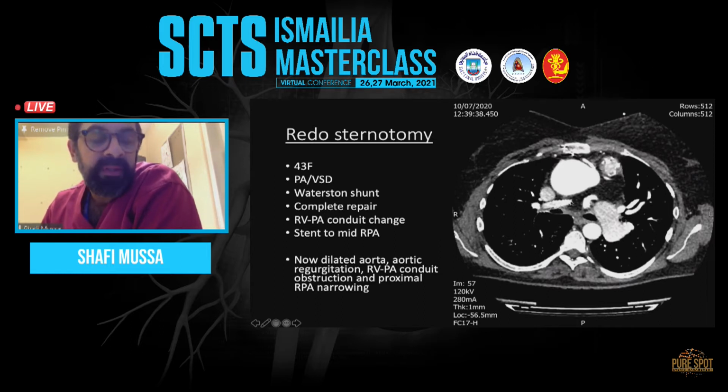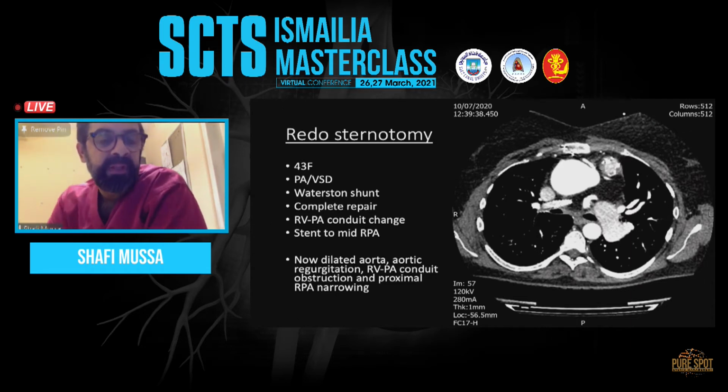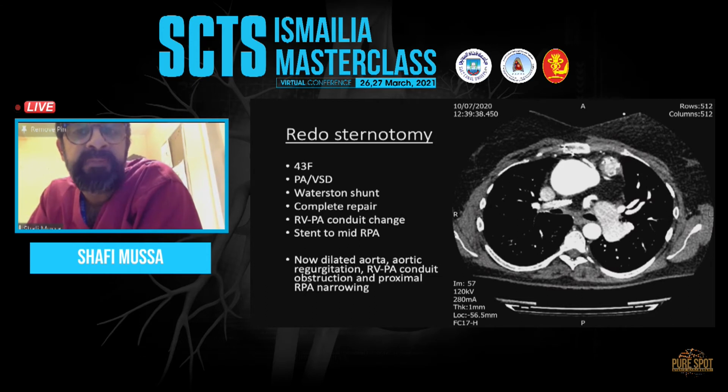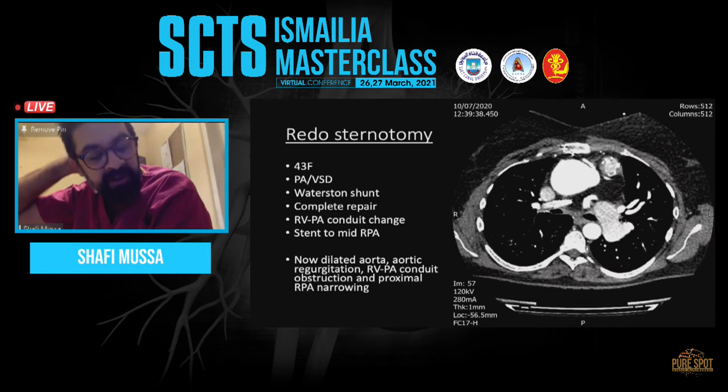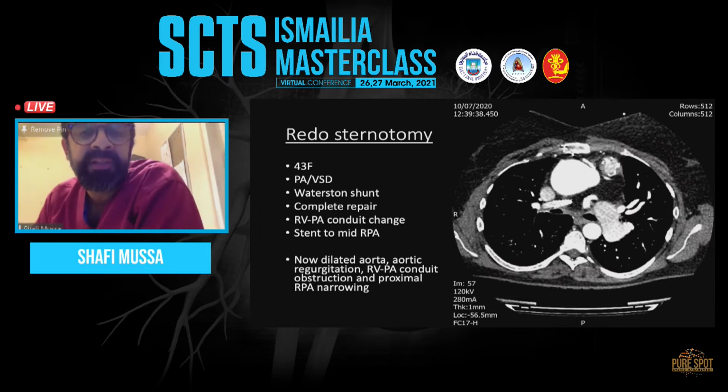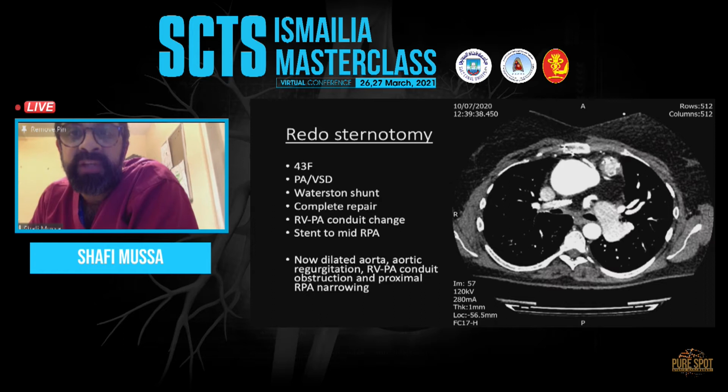So she was discussed at our meeting, and we reviewed the images, reviewed by the radiologist, very much as Karen has described, and she was taken on for replacement of the ascending aorta, replacement of the aortic valve, replacement of the RV to pulmonary artery conduit, and also to address the proximal right pulmonary artery narrowing.